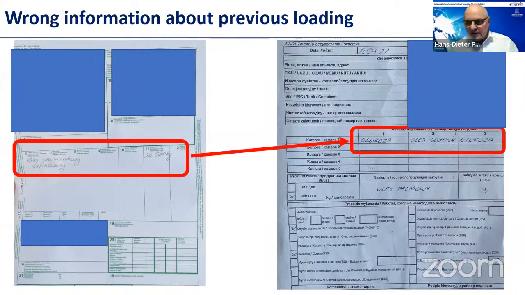And the driver discussed a little bit with them, and then they said, okay, let's have a look at the freight papers. And the driver said, I have no freight papers with me. Of course, I left them at the last unloading site. They said, okay, when you have no freight papers, then we can't do the cleaning. Then the driver said, okay, I will go to my truck, to my cabin, and comes back with these freight papers on the left side.